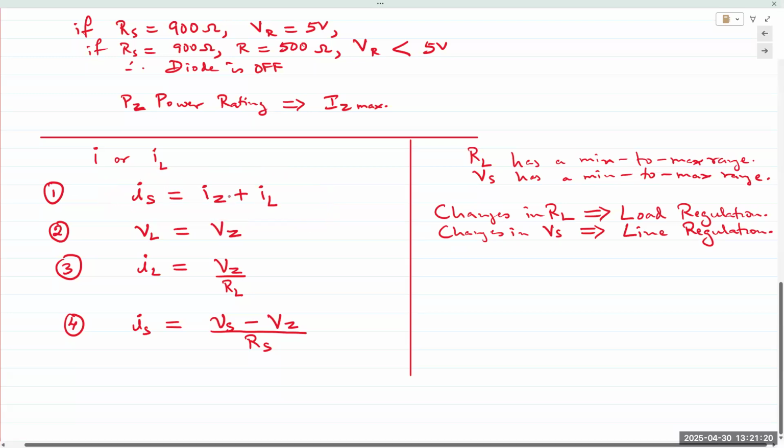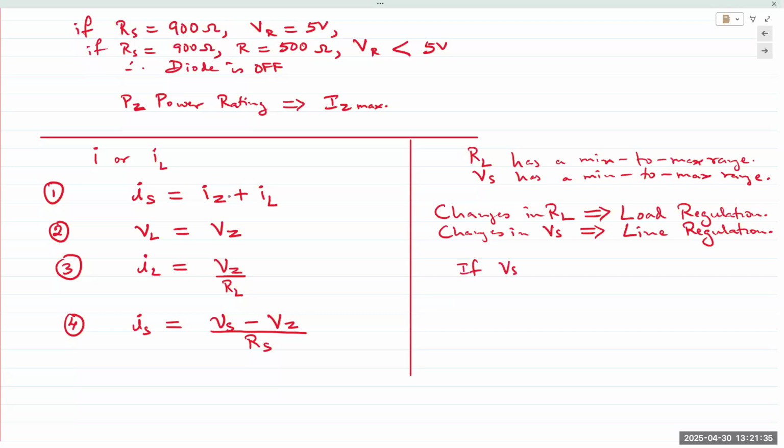If Iz increases, the Zener diode must be capable of sinking a large amount of current through itself. And that's where the maximum power rating for a Zener diode comes into the picture. So if Vs increases, then Iz also increases. Therefore, there's a max limit on the voltage supply, constrained by PZ max, the maximum power dissipation of the Zener diode.